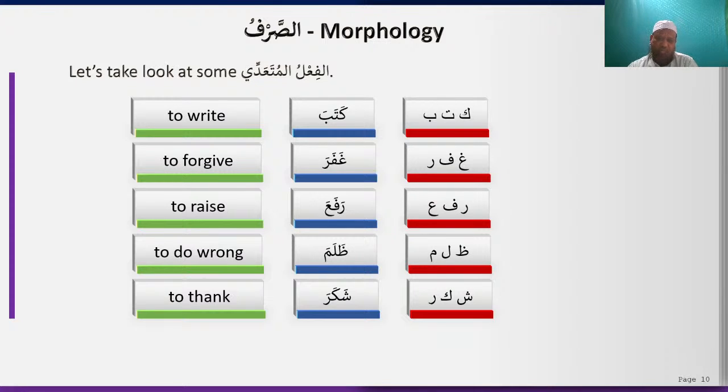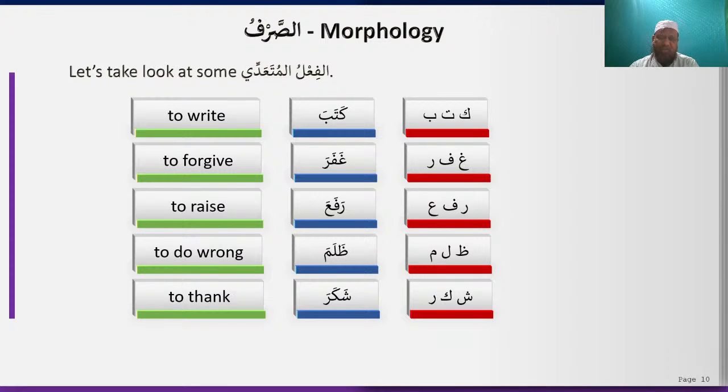So we have two types of fail, al-fail al-lazim and al-fail al-muta'addi. Al-fail al-lazim, they don't have an object. There's no maf'ul bihi for al-fail al-lazim. Al-fail al-muta'addi, these fail have maf'ul bihi.